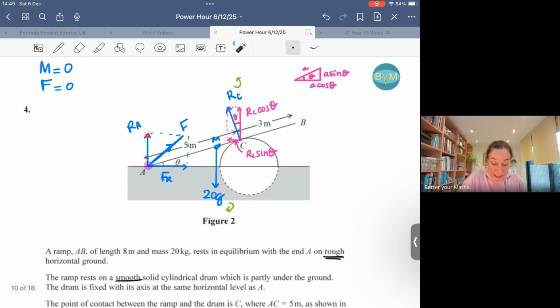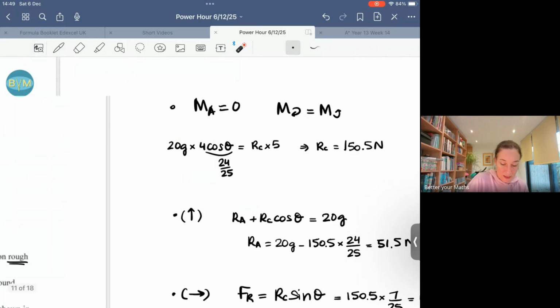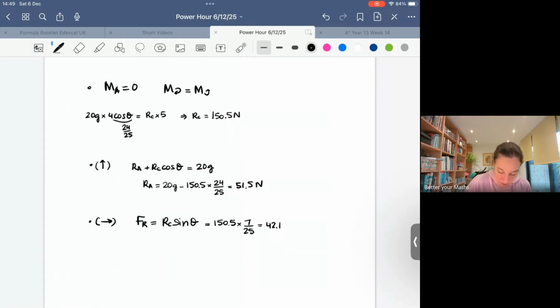So what do we have here? We have 42 point something and 50 point something. So we are going to find the resultant force just using Pythagoras. Yeah, so I have 42.1 to the right, 51.5 up, and I'm just looking for this resultant force.